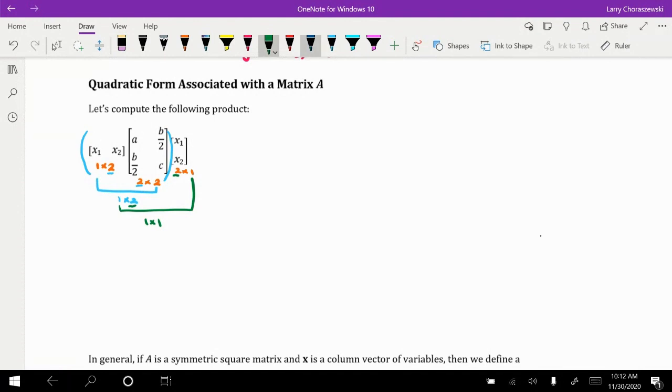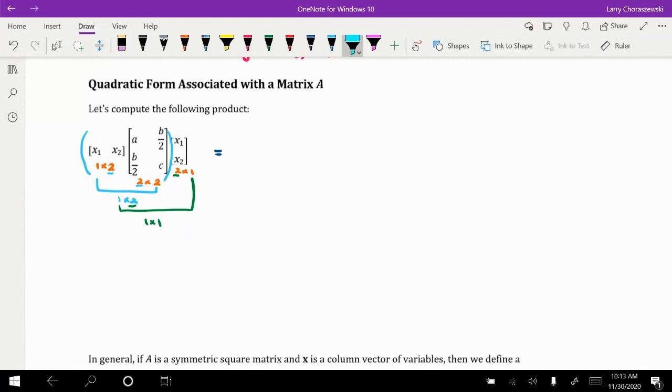So what we'll do is carry out this multiplication as far as possible until we get down to a 1 by 1, and we'll see how this product of these three matrices in this format would yield a quadratic form equation. So let's start with what I have in parentheses.